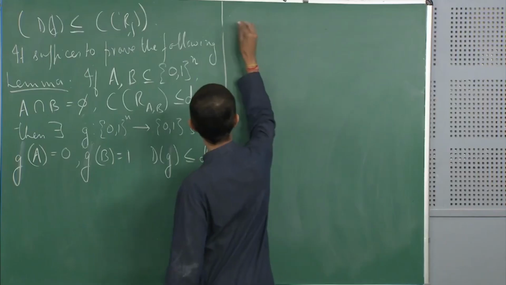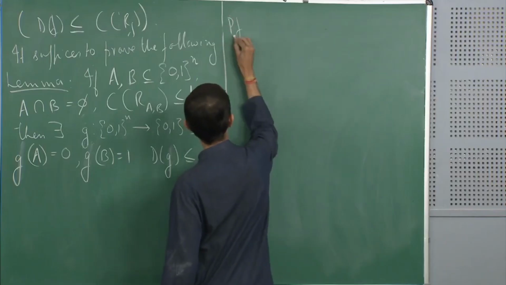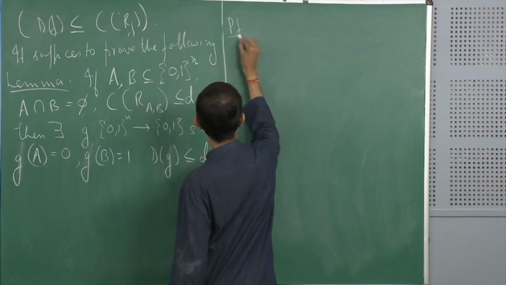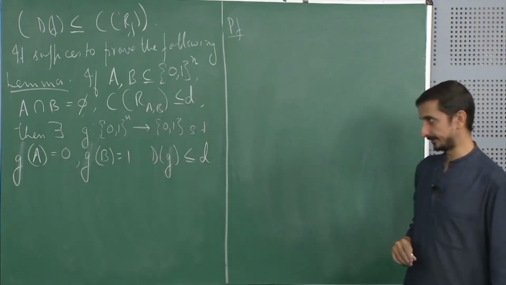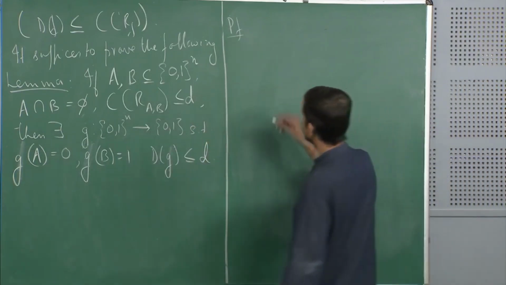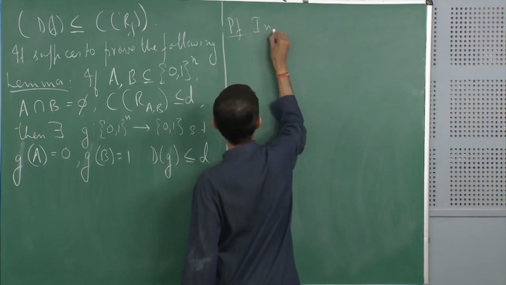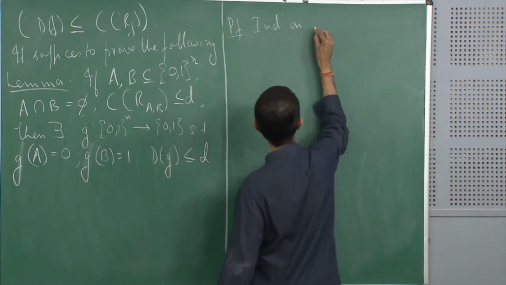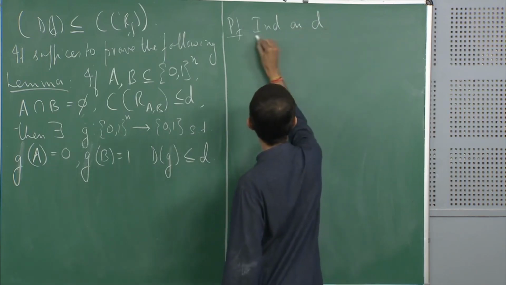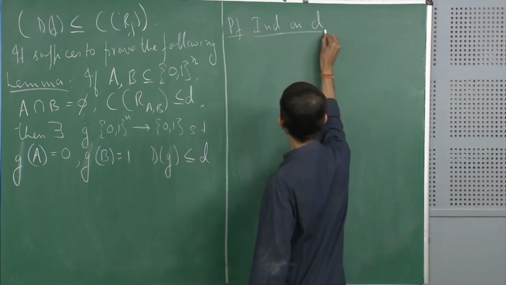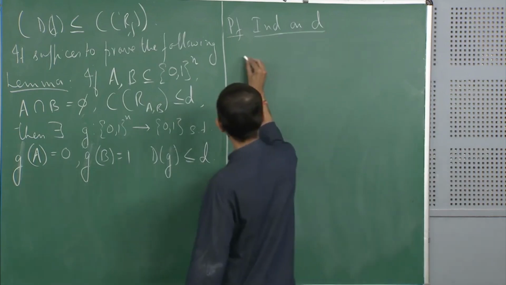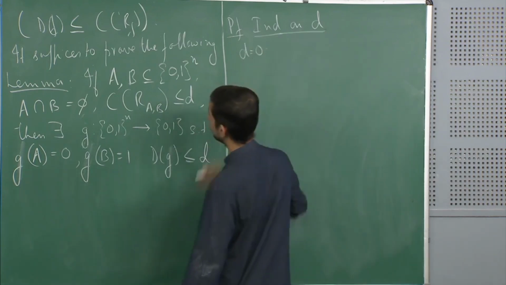Okay. So now let us look at the proof of this lemma, and that would complete the theorem. The proof is by induction on D. So we start with D equal to 0.